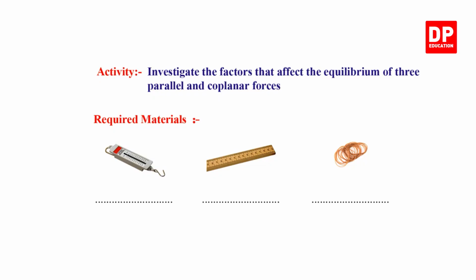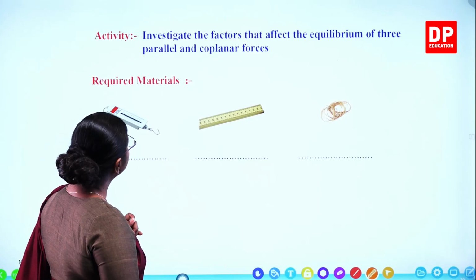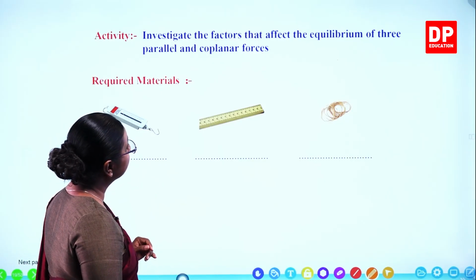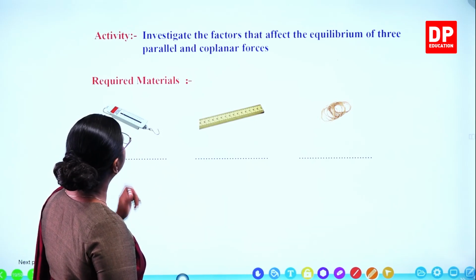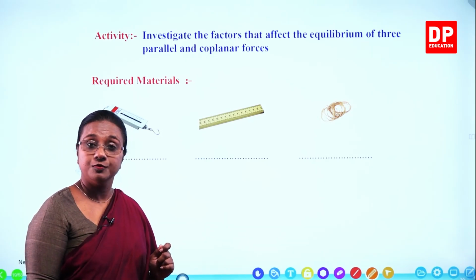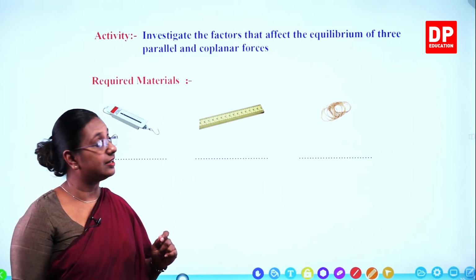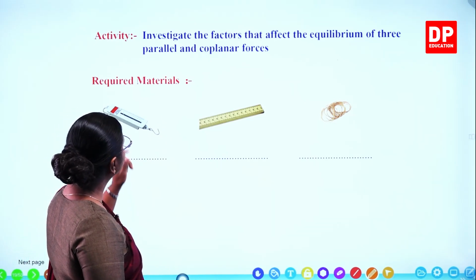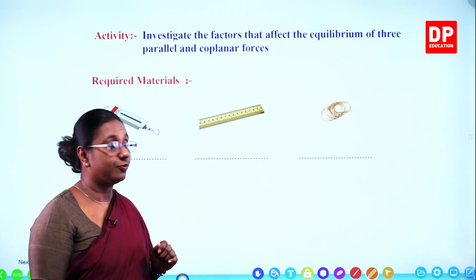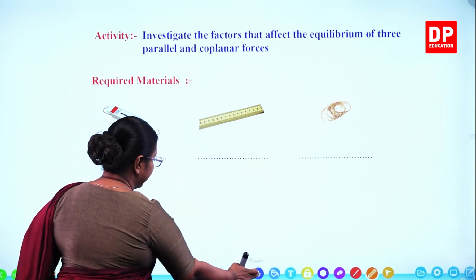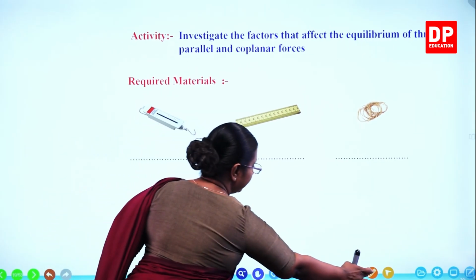Here we discuss an activity. Investigate the factors that affect the equilibrium of three parallel and coplanar forces. So we are going to investigate the factors that affect the equilibrium of three parallel and coplanar forces. To do that, we need this material.